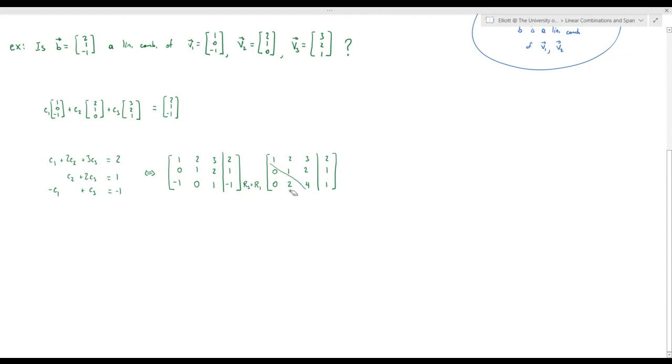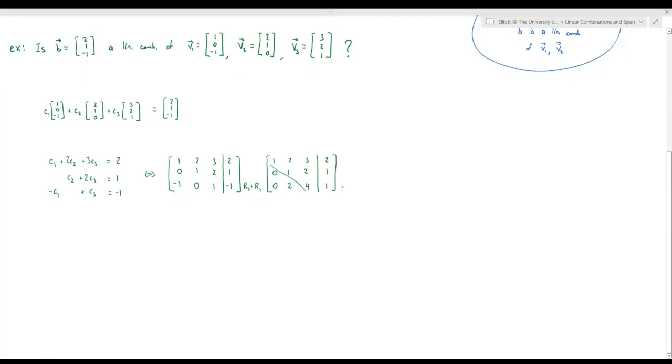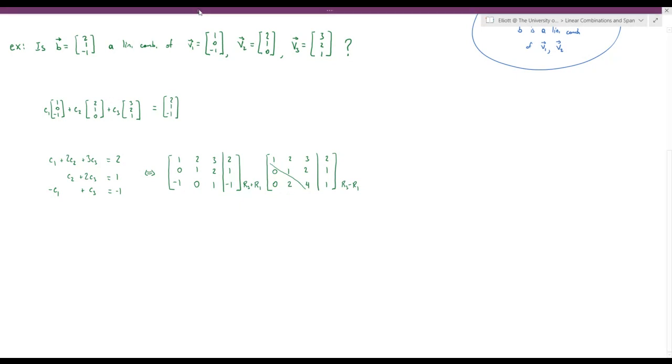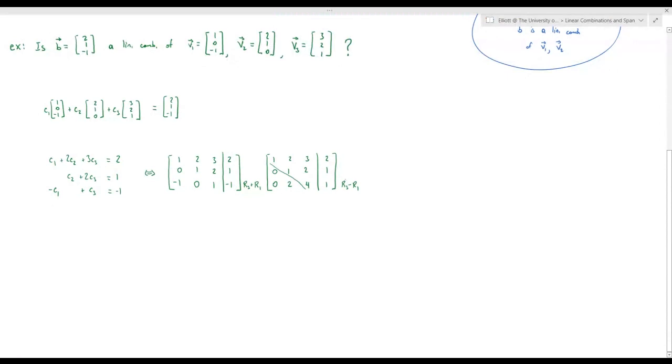So to turn this 2 into a 0, some of you might think to do row 3 minus row 1, because 2 minus 2 would give you a 0, but that is no good. Let me highlight why you don't want to do that.